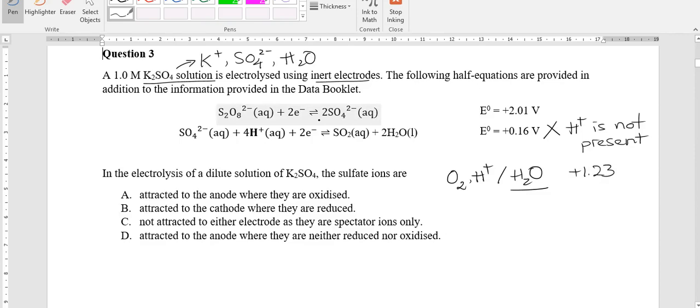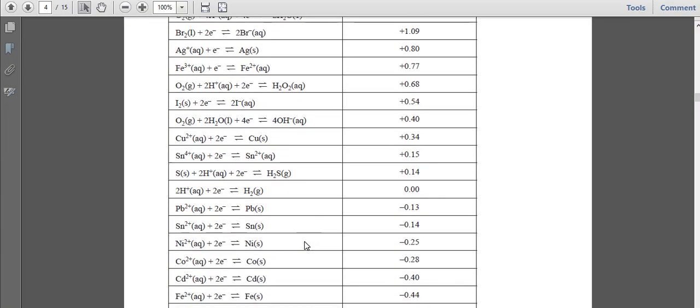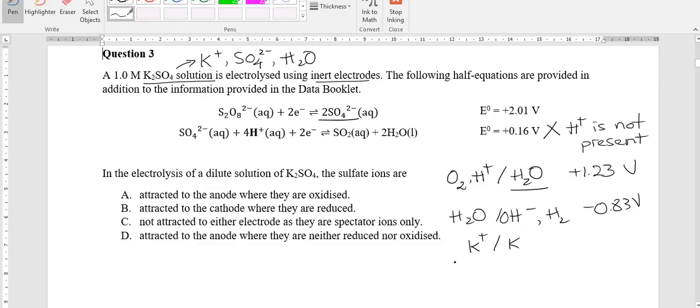You have that present, and you also have H2O and OH minus and H2 at negative 0.83 volt. And lastly, you have K plus and K at something very, very low, negative 2.93 volt. Okay, and we have that. So highlight everything that we have.